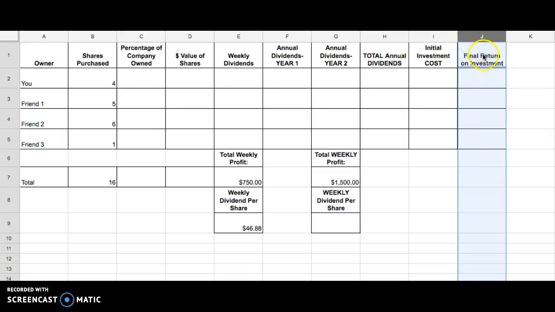To get the ROI, or the return on the investment, this is a percentage. Basically what we're saying is what percent is the amount of money we made compared to the amount of money we invested. We want to make money on investments, so as you saw in your assignment, this percent is always going to be more than 100 if it's a good investment.